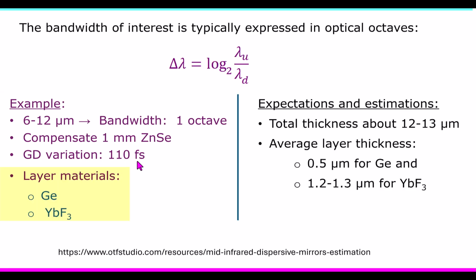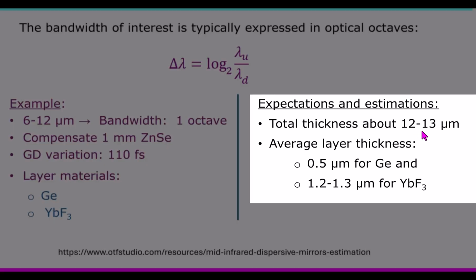And for such a challenging design task, I will take high contrast layer materials with high contrast of refractive indexes. I will take germanium and ytterbium fluoride. On our website, you can find some theoretical estimations useful for designing mid-infrared dispersive mirrors, based on your specifications, bandwidth, and materials.